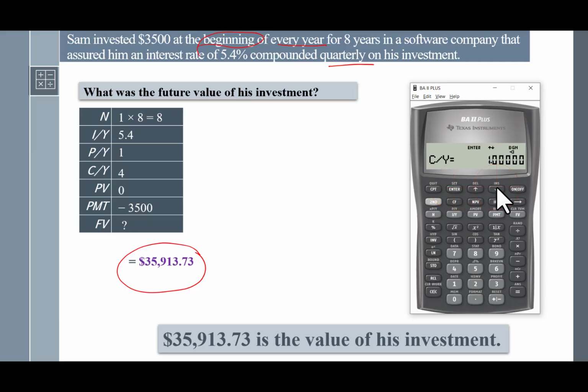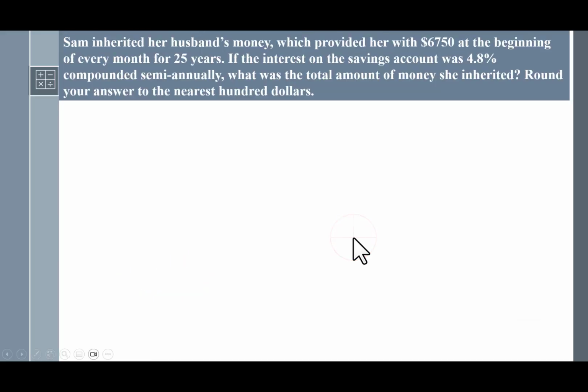Change the CY to 4. And of course, press enter. Then press second, quit. All that's left for us to do is press CPT, future value, and you will see that the answer is indeed 35,913.73. Let's look at another example.